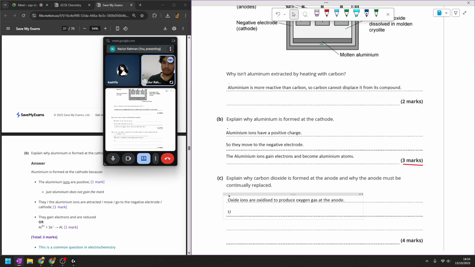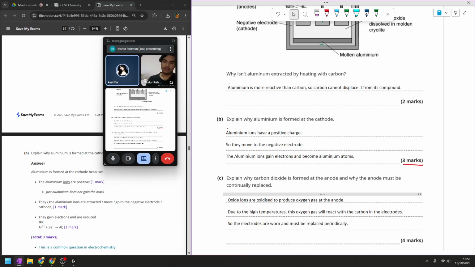Okay, and due to the high temperatures, this oxygen gas will react with the carbon in the electrodes, because the electrodes are made of carbon, so the electrodes are worn away and must be replaced periodically. So every now and again you have to replace them. Okay, so oxygen gas will react with the carbon in the electrodes and produce carbon dioxide.